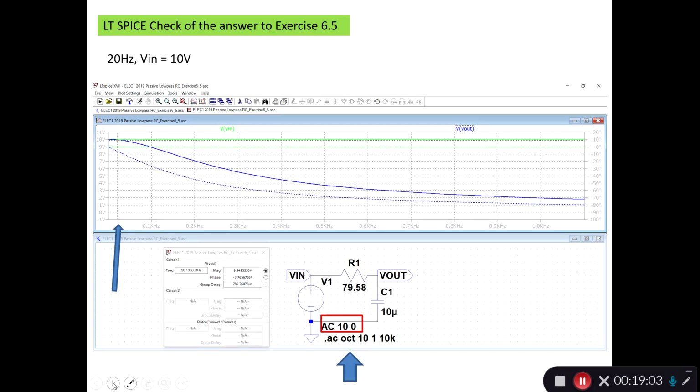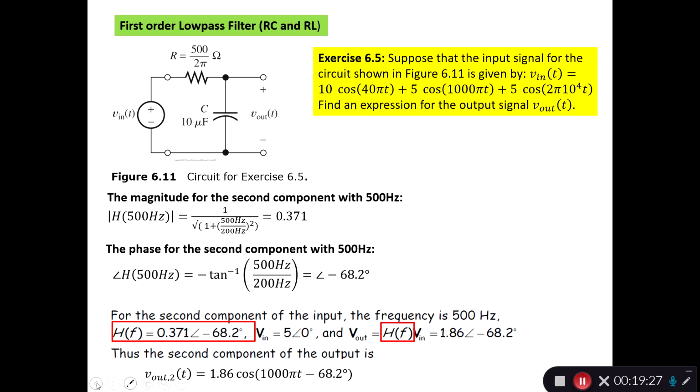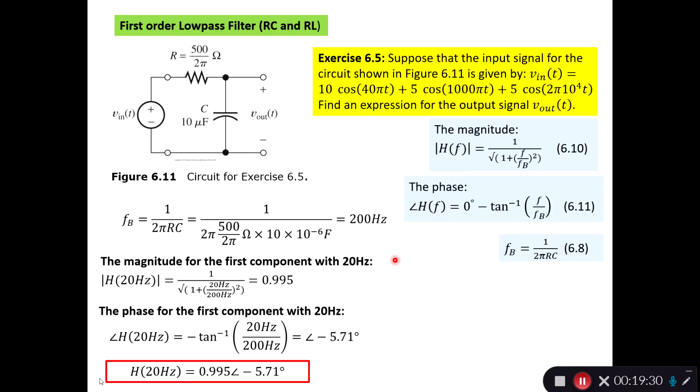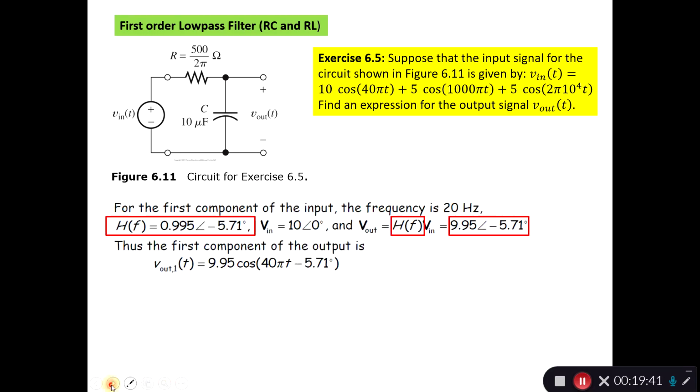So how can I verify that I actually calculated correctly? I can build up the circuit here, and for each component use that it has an amplitude and a phase, and then simulate it. So I put in the amplitude for the 20 Hertz here. I had an amplitude of 10, so I applied that in my simulation.